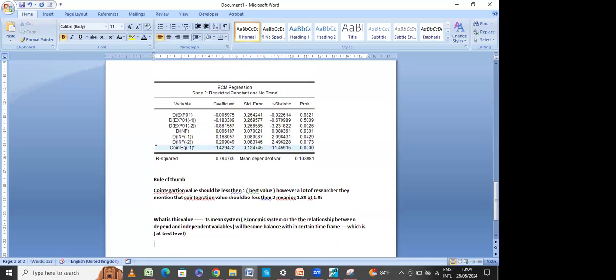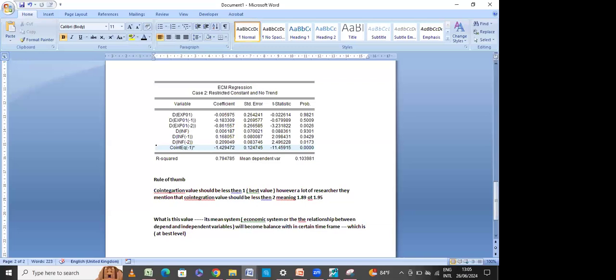I explained a while ago that a lot of researchers explain that the long run period is usually based on 3 years, 4 years, 5 years. This is the period in which any economic policy is applied, and then we can have the results of that economic policy.